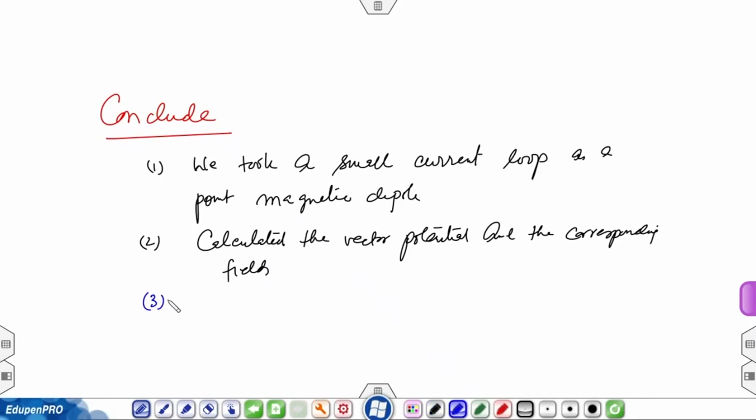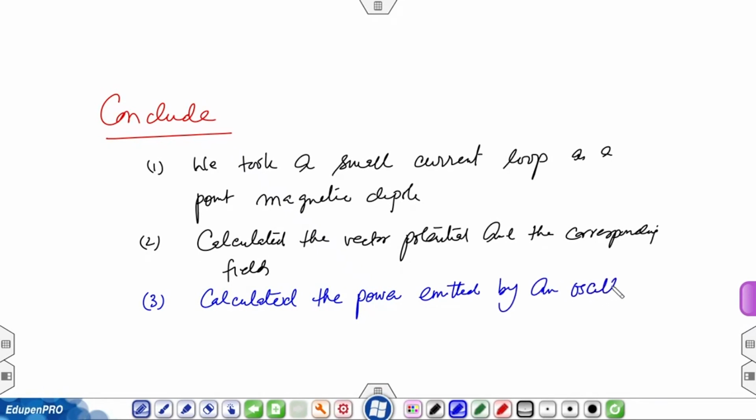And three, calculated the power coming out of an oscillating magnetic dipole, and compared it with that coming from electric dipole.